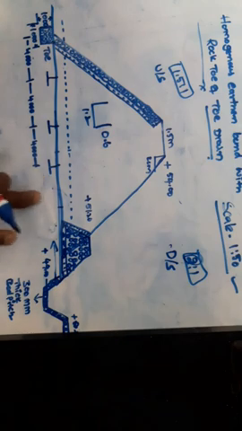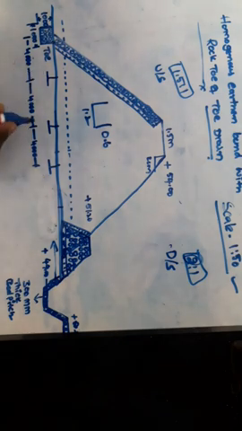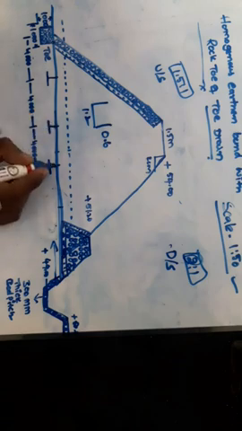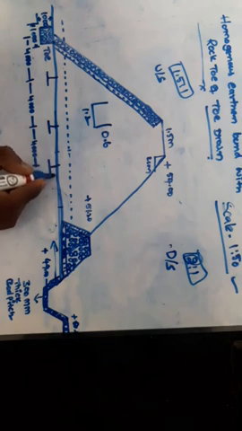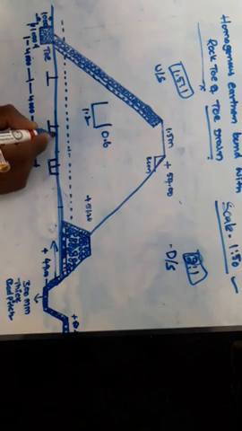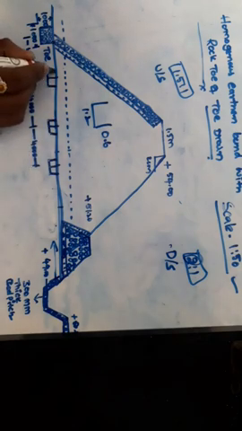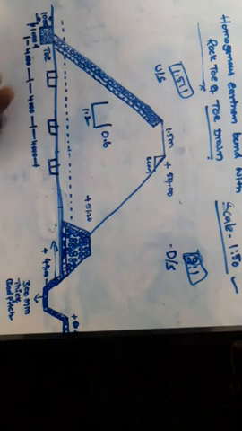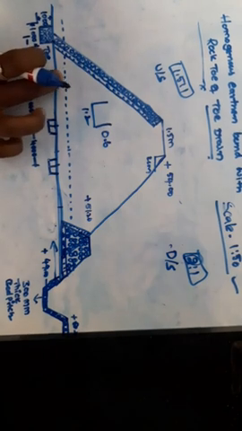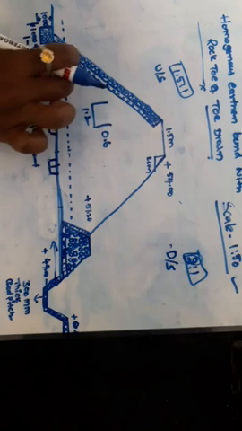Just 3 key trenches. The depth of the key trench from stripped ground level is 0.6 meters. This is the structure of the key trench.